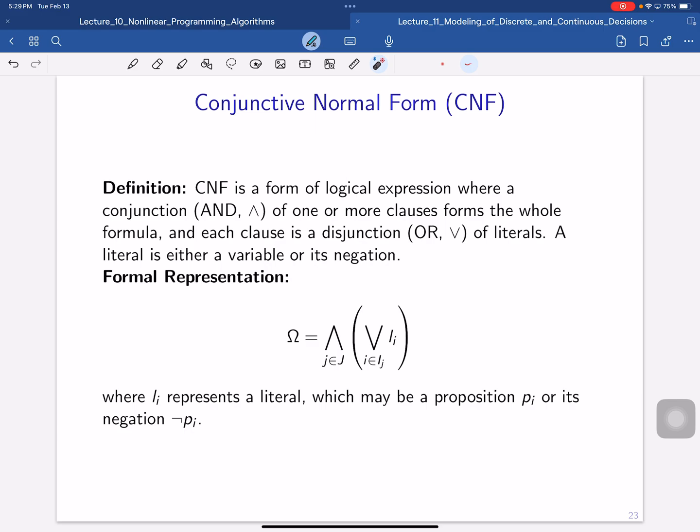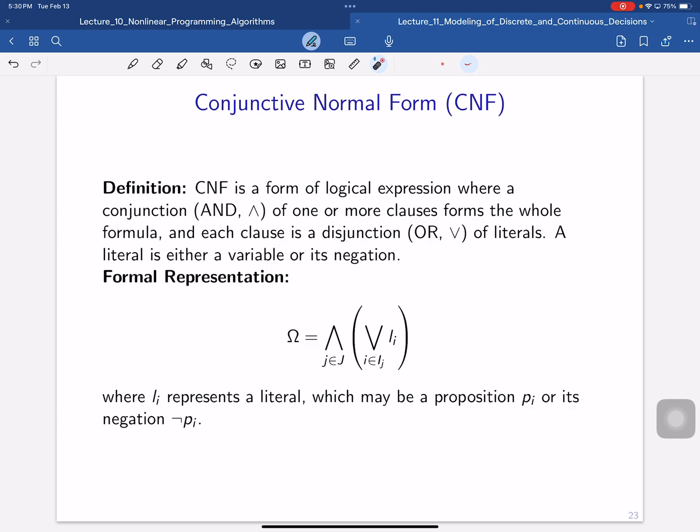Then the second thing we are going to show is any logic expression can be converted to conjunctive normal form. We'll first show that conjunctive normal form can be converted to integer constraints. Then we show all the logic expressions can be converted to conjunctive normal form. Then with these two building blocks, you can show that all the logic expressions can be converted to integer constraints.